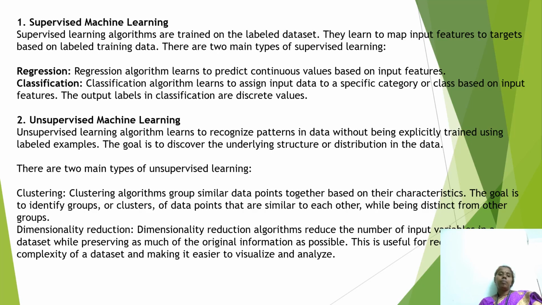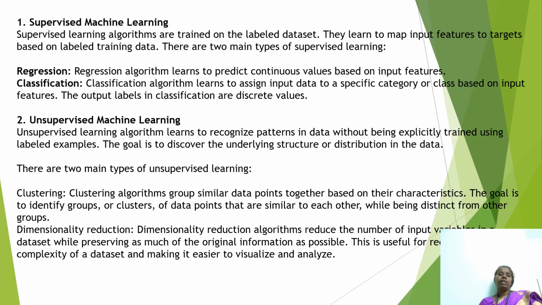The next type, unsupervised machine learning. Unsupervised machine learning learns to recognize patterns in data without being explicitly trained using labeled examples. The goal is to discover the underlying structure or distribution in the data.